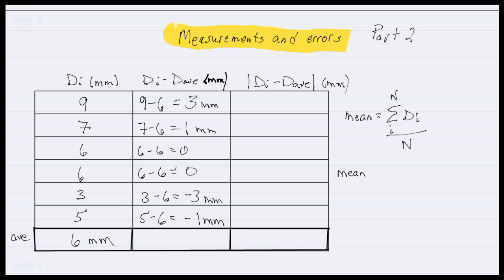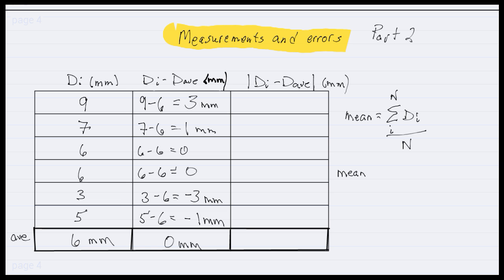Note, if we compute the average of these deviations, we can do this in our head. 3 plus 1 is 4, minus 3 is 1, minus 1 is 0. So the average value of these deviations is just 0 millimeters. That's not very helpful, because the average of all of these deviations will always equal 0.